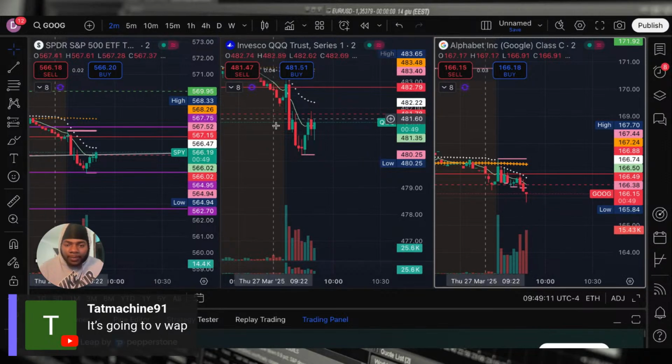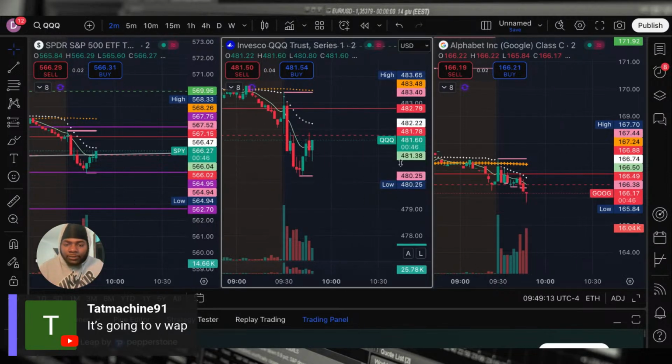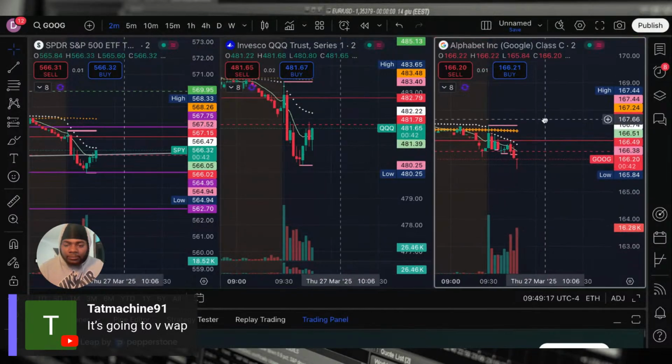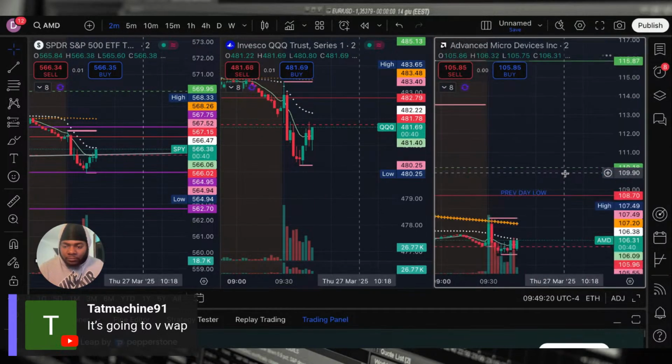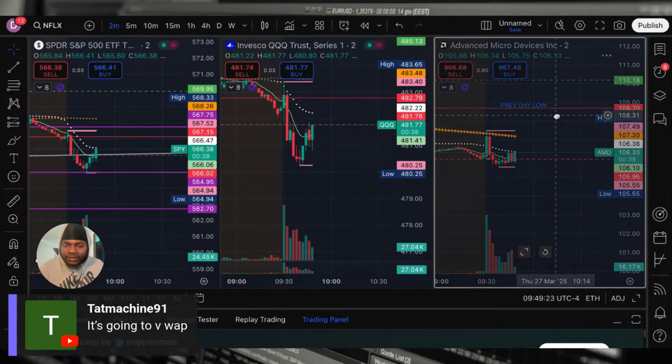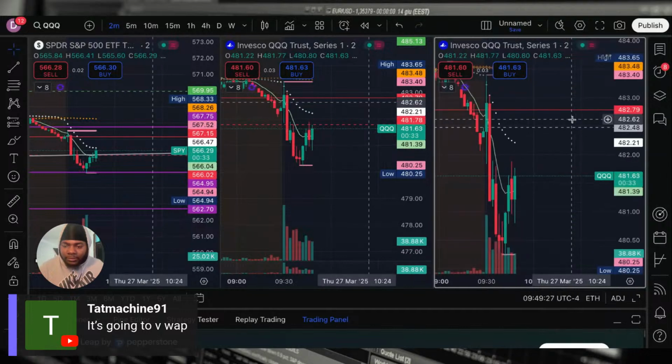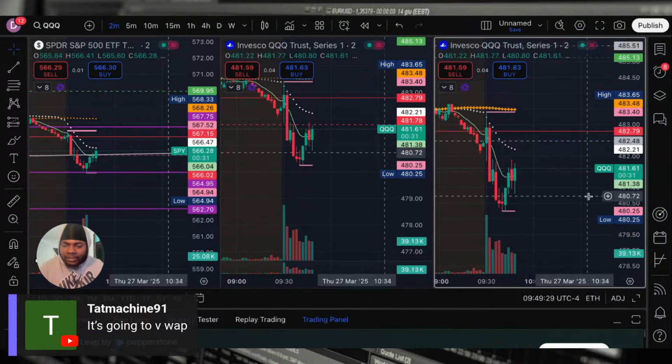It's going to VWAP. Talking about QQQ. Yeah, probably. But no other stock is really strong right now. Going towards the upside.